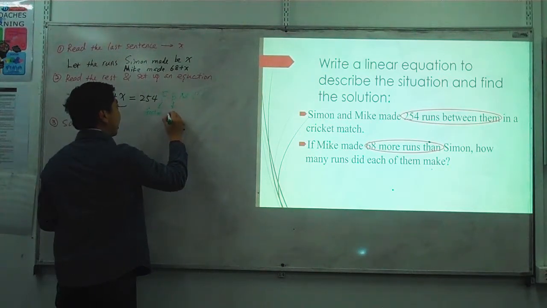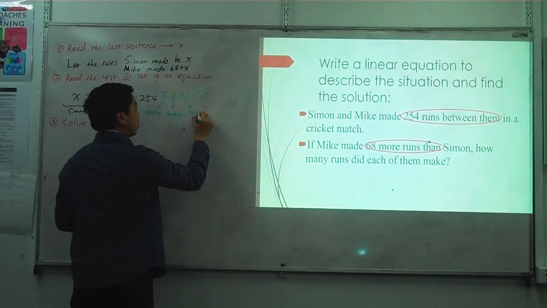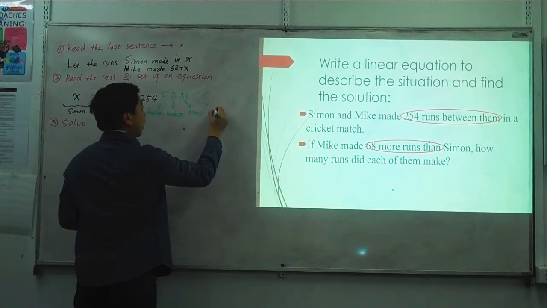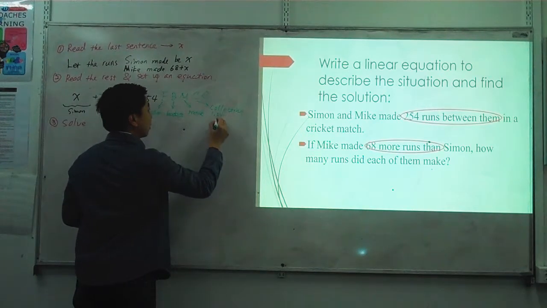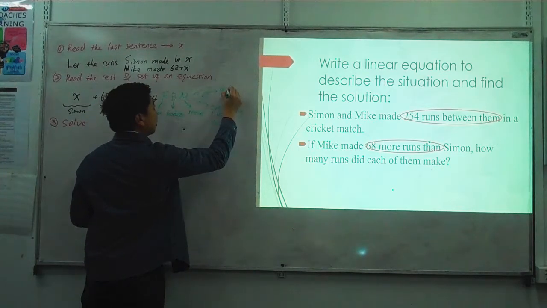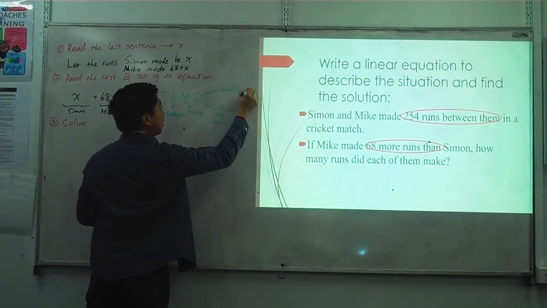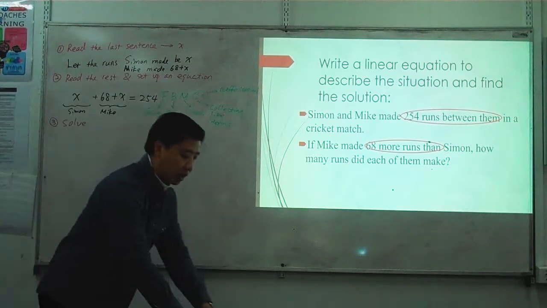B, remove bracket. And we need to move terms. C, collect like terms. And then coefficient, make that 1. So we just follow these steps.